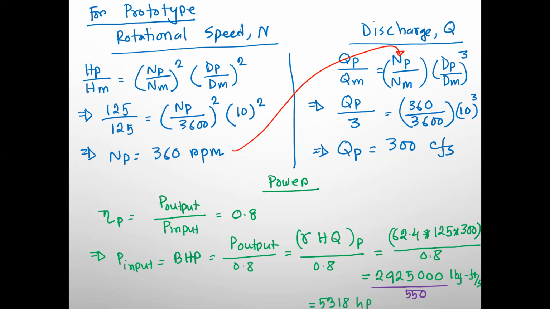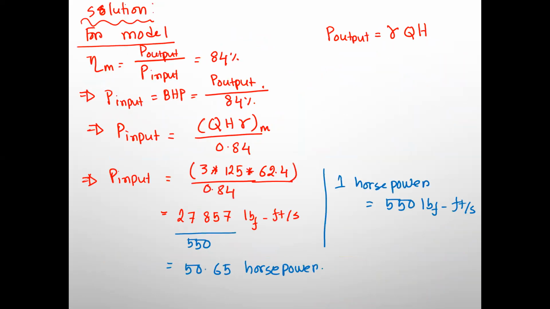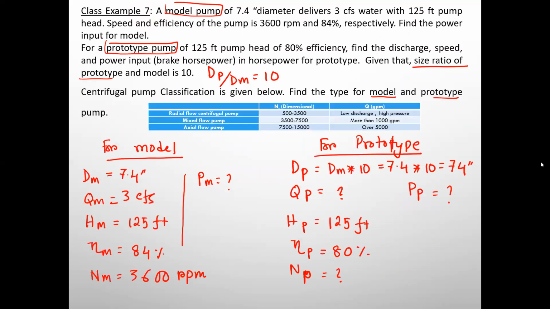So the table is given in capital NS, which is the dimensional specific speed. So that's why we need to calculate the dimensional one. Okay, and let's check the range: 500 to 3,500, 3,500 to 7,500, and 7,500 to 15,000, radial, mixed and axial. Okay, let's check.